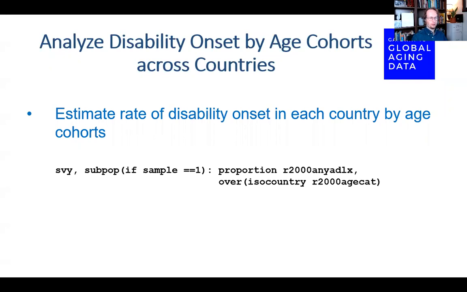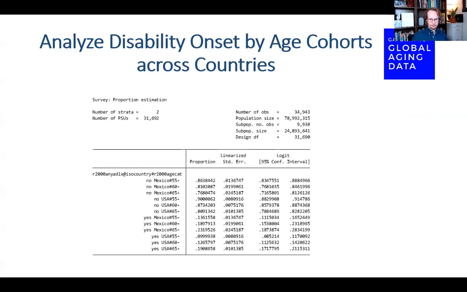Then let's begin to look at different kinds of people inside each country. Our command, again, is going to look remarkably the same, but on our over command, instead of just saying over country, we're going to add our age categorical variable. That will cross-tab our 3 age categories with ISO country, so we get an estimate for our 3 age groups for Mexico and for our 3 age groups for the United States.